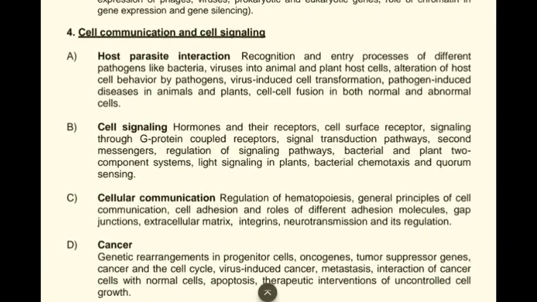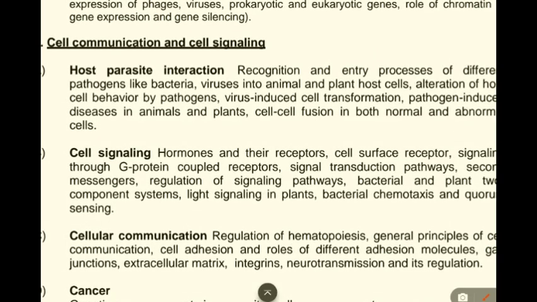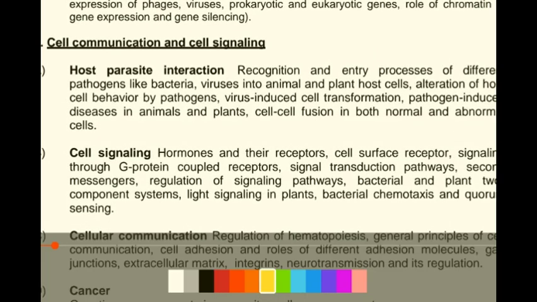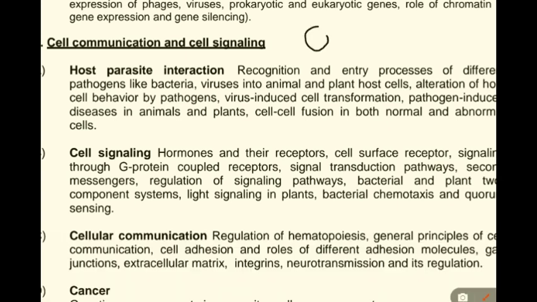Next, about cell communication and cell signaling, where we learn about how a cell interacts with another cell. This unit will be studying this cell-cell interaction. What are the secondary messengers involved, like cyclic AMP? We will be dealing with cyclic AMP and cyclic GMP.